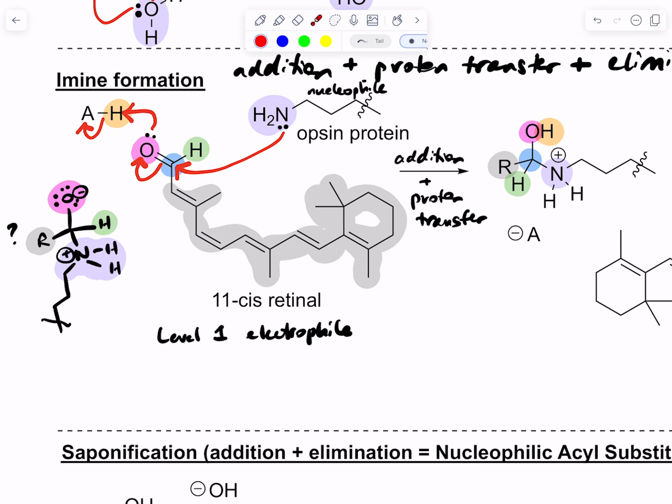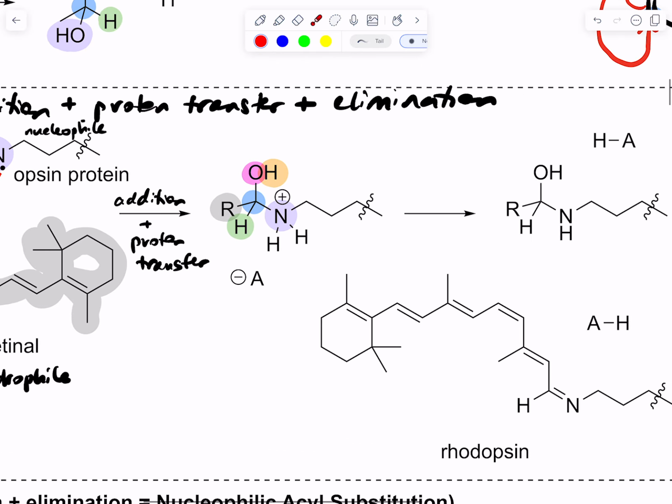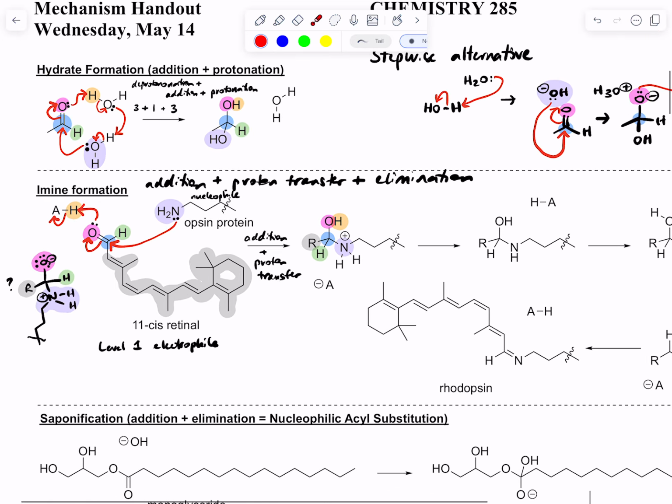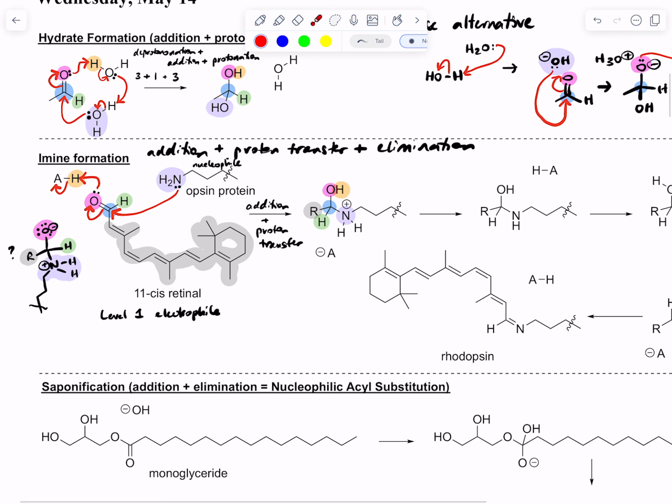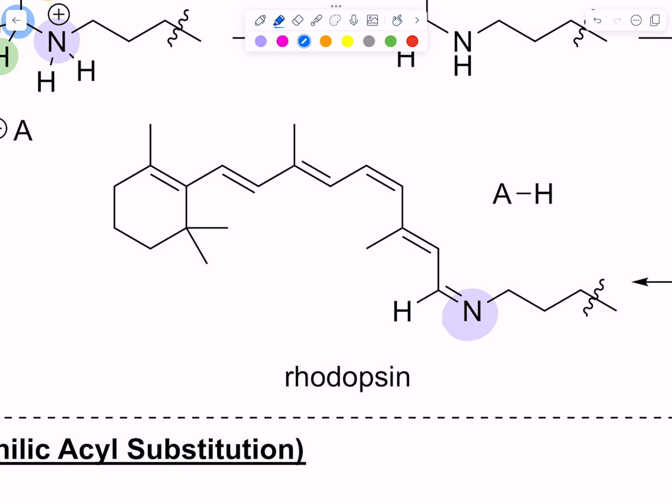I'm not sure that answers the question, other than if you look at what's going to happen next in this reaction, it makes sense why we would need to protonate this oxygen. Let me just give you the big 30,000 foot view. In the final product, the retinal is going to be covalently attached to what used to be the nitrogen. You're going to have a weird functional group here called an imine.